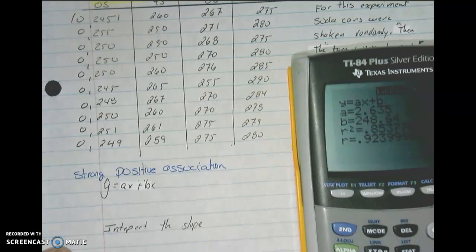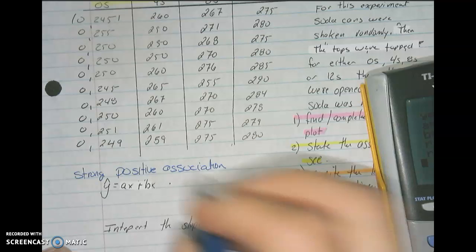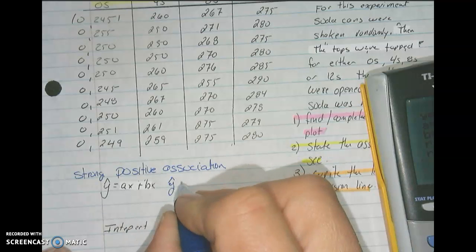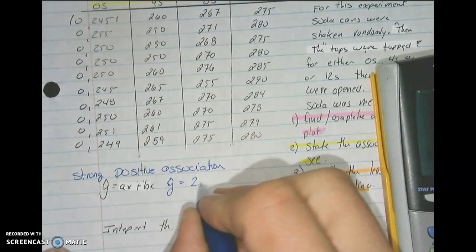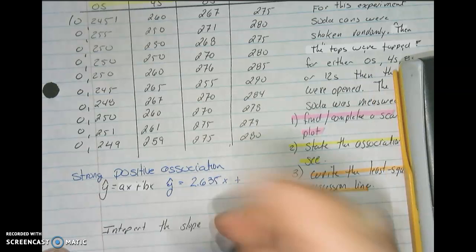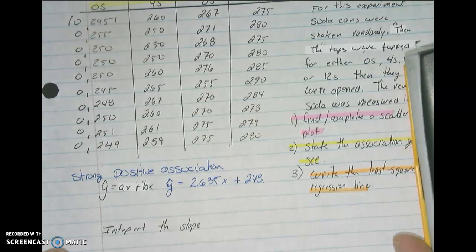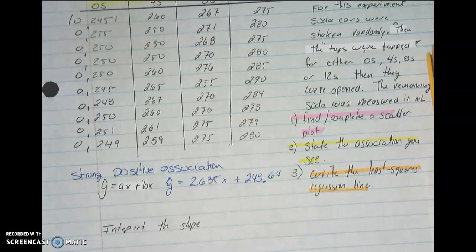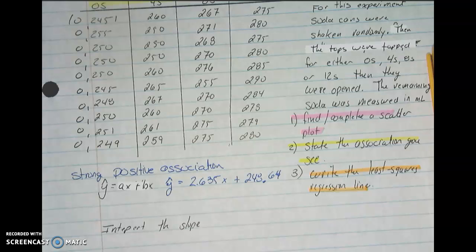Okay, so then my linear regression line, or least squares regression, we're going to say y hat is equal to 2.635 plus 248.64. Okay, now if you got a little bit off there, probably it could have been my handwriting or something like that.